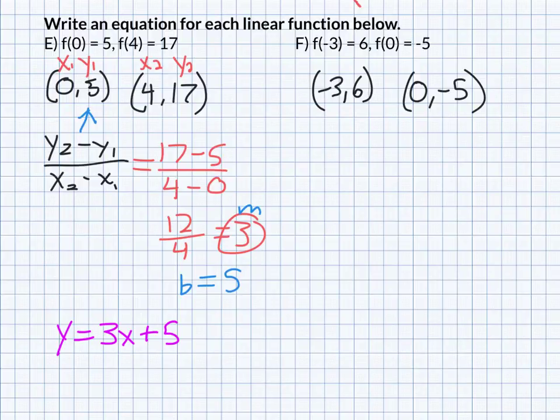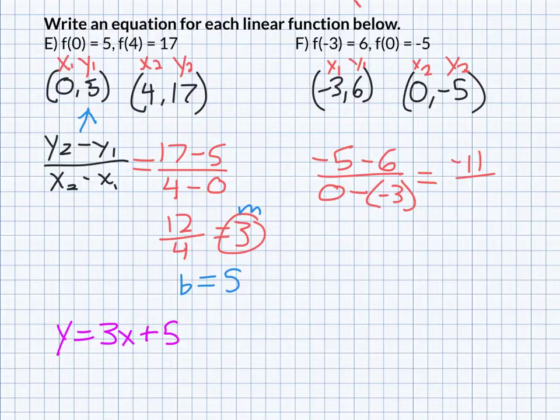So we're going to do our same thing. We're going to find the slope. We got x and y, x and y, x1, y1, x2, y2. So y2 minus y1 over x2 minus x1. -5 minus 6 is -11. 0 minus -3.